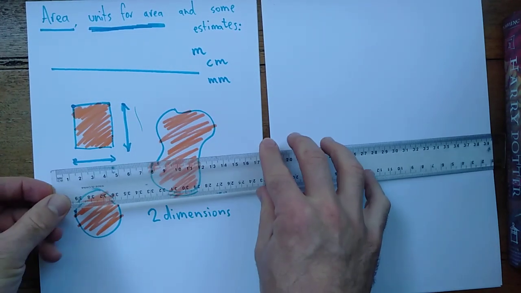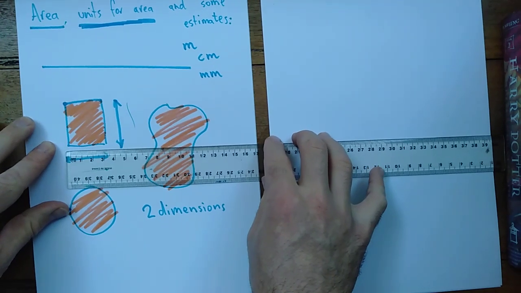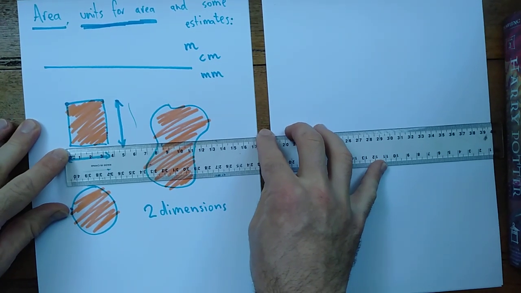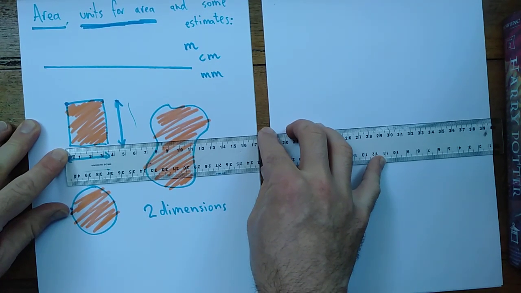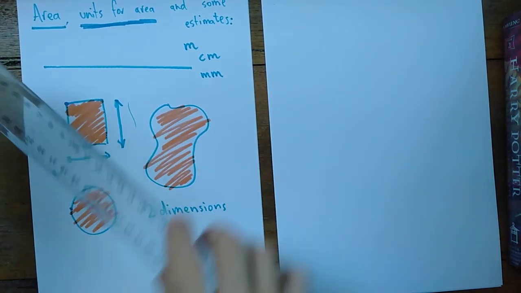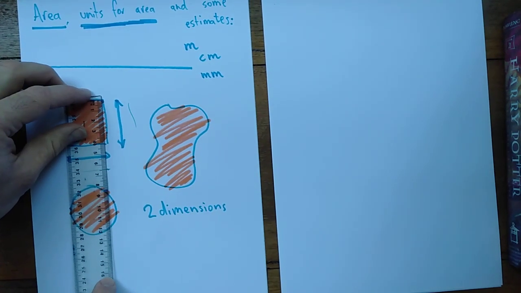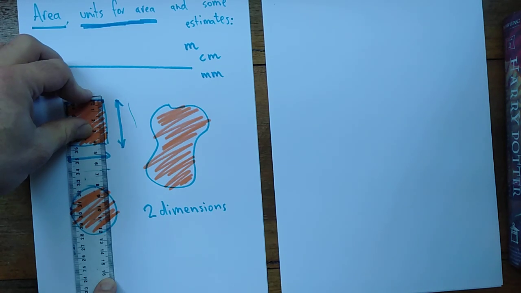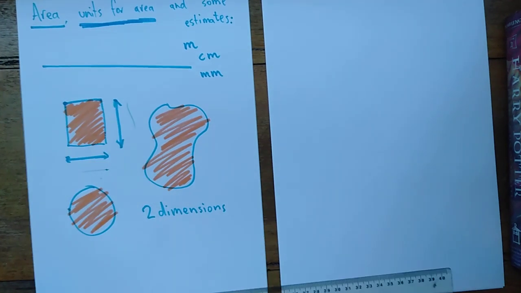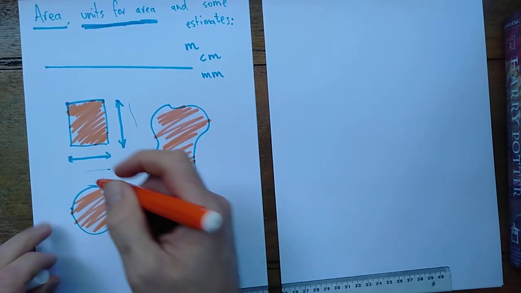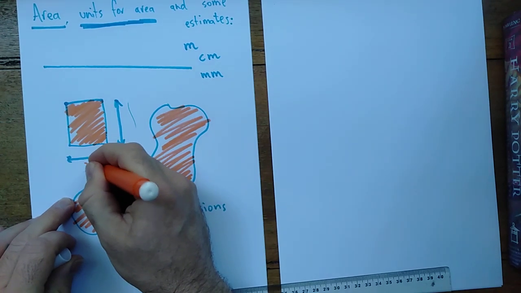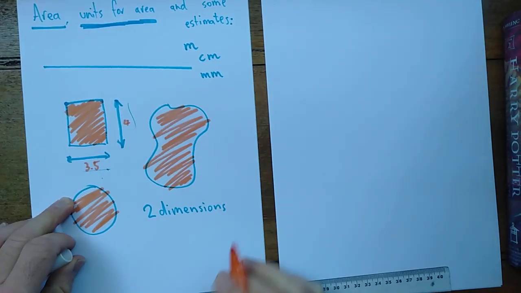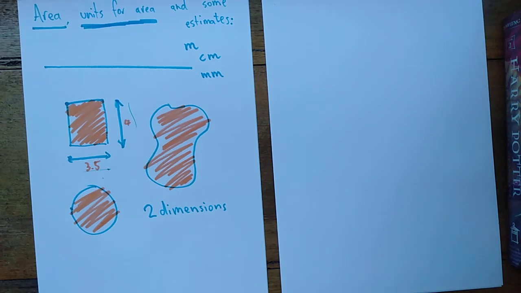So in this example, I'm going to measure this square and I see that it is 3.5 by 4. So I'll use orange. 3.5, 4. And to give the area of this shape, I'm just going to multiply these two numbers together.